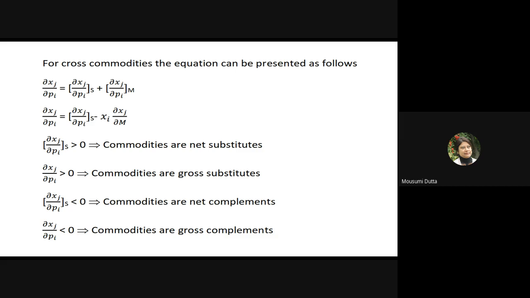So I'm just, in the first equation, I consider del xi by del pi. Now I'm considering del xj by del pi. And naturally, equation 2 can be changed to del xj by del pi is equal to del xj by del pi s minus xi into del xj by del m. So you can name these as equations 4 and 5.